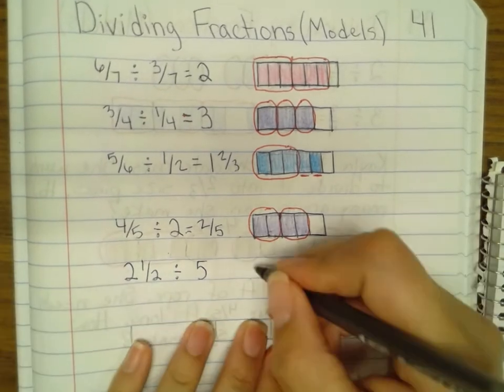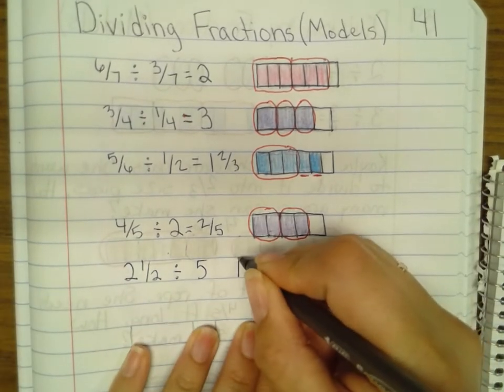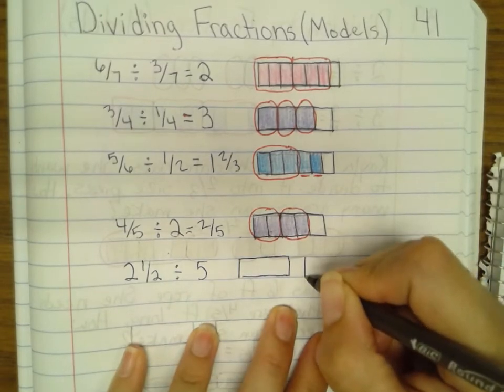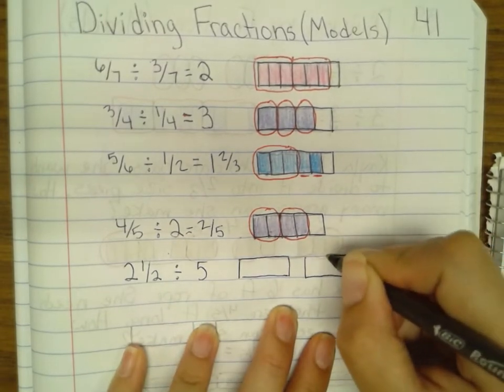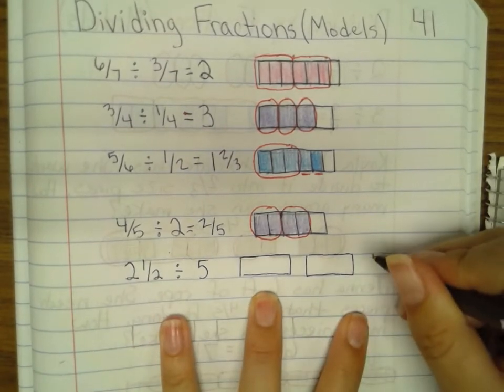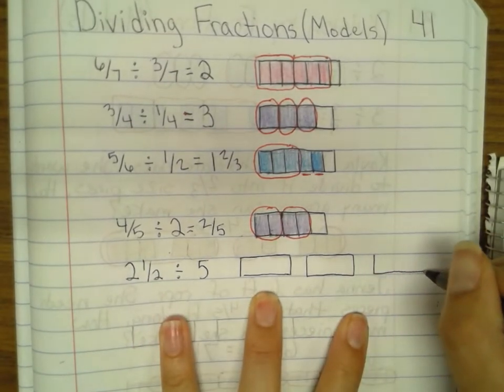So right over here, I'm going to draw 1, 2. That would be 2 whole units, but I need 2.5, so I need to draw another whole unit, and I'm only going to color half of it.